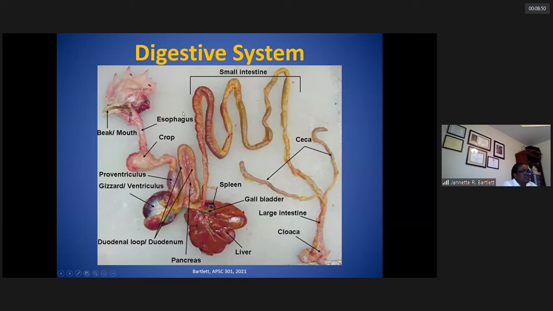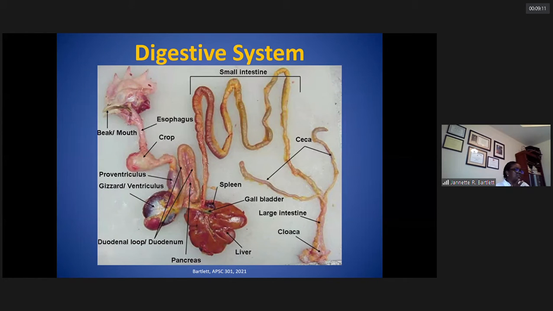What they did, they took the digestive system out, from the head all the way to the tail, to the cloaca or the tail part of the chicken. They just opened it up and laid it out. So this is what the entire digestive tract of the chicken looks like.